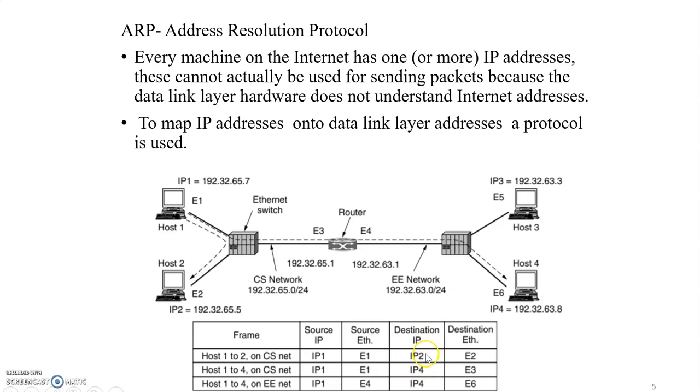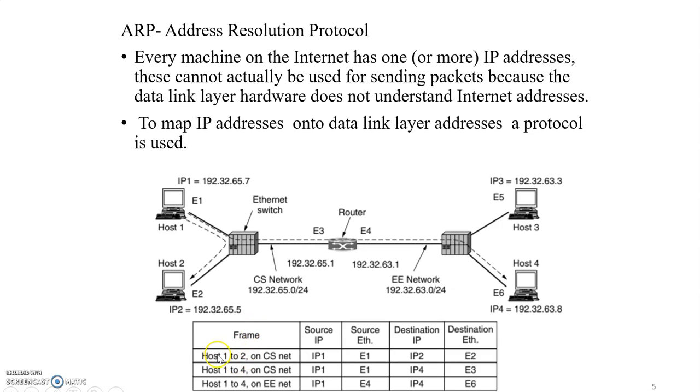It already knows the destination IP address and it should get to know the destination Ethernet address. This is what is expected in order to build the frame. If the Ethernet addresses are not known, then your frame is not constructed and it does not get into your physical layer. Now let us see how it operates.